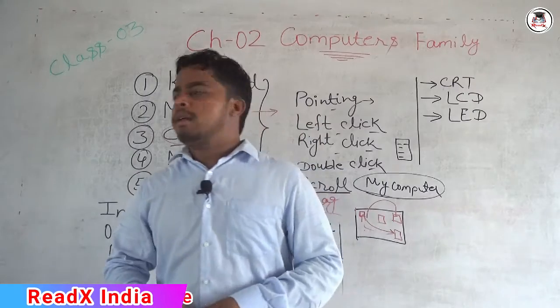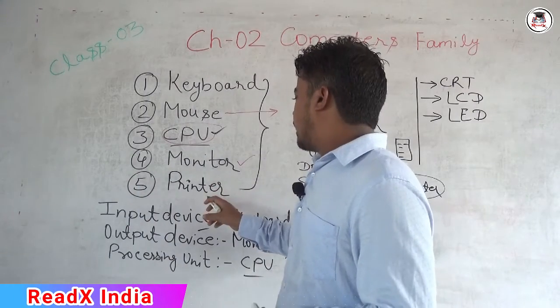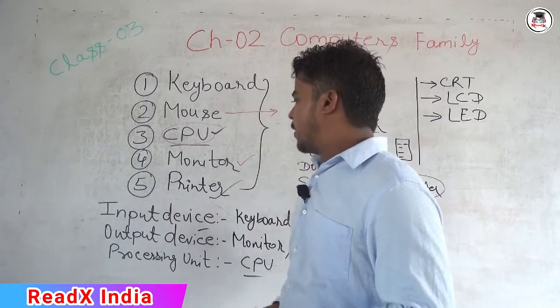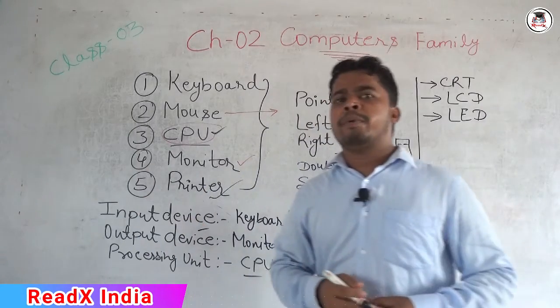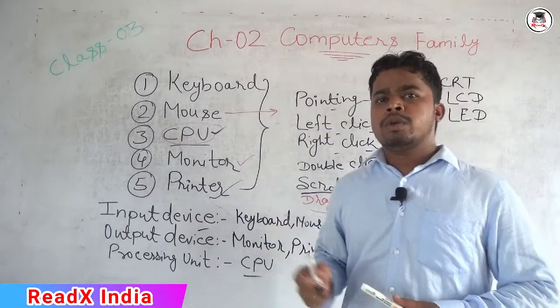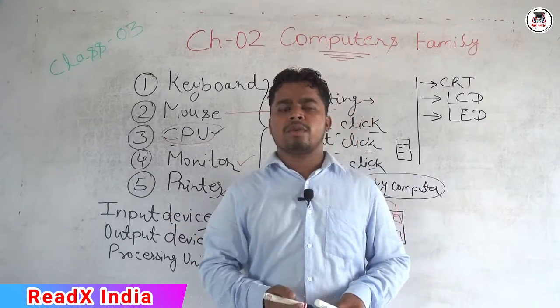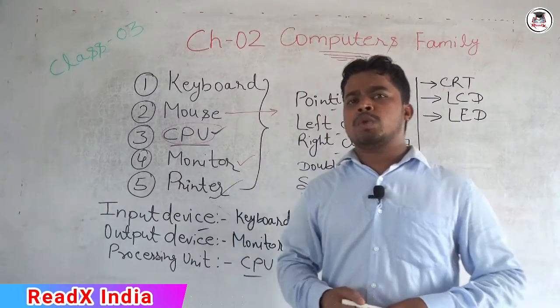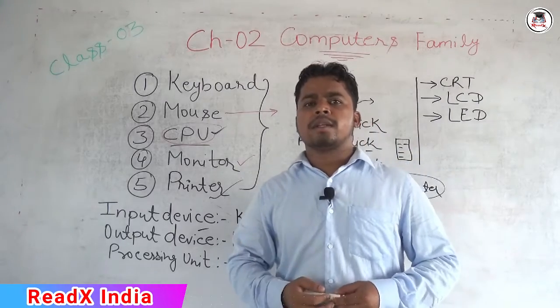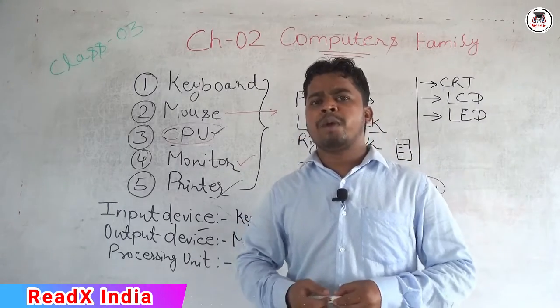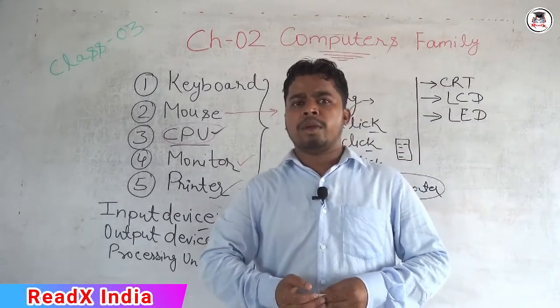Okay, and the next device is the printer. This is also a type of output device which gives us the final result. In what format? In a hard copy.